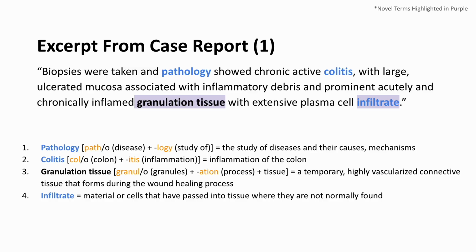Plasma cells are basically a type of B cell that is very focused on producing antibodies, so basically like an antibody-producing factory. Those plasma cells are not supposed to be there, but they infiltrated into the area.